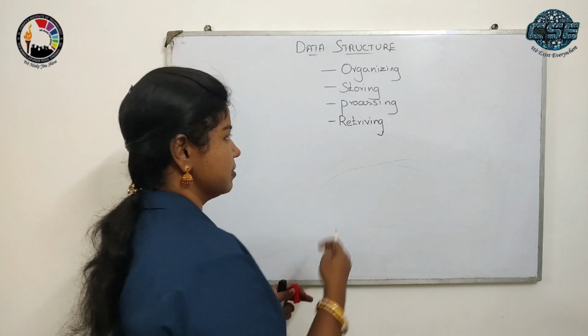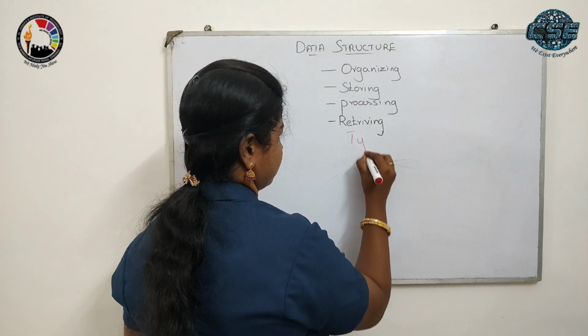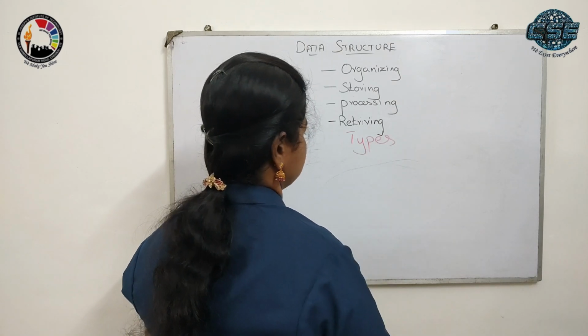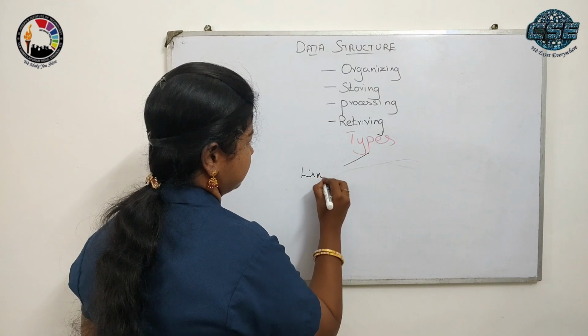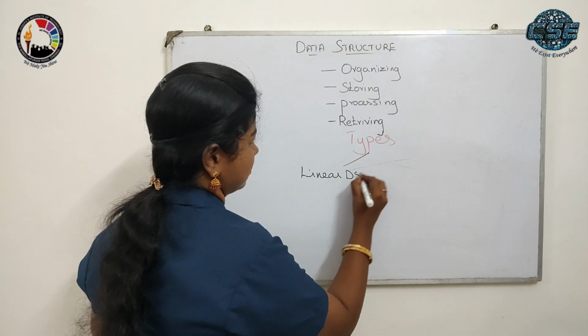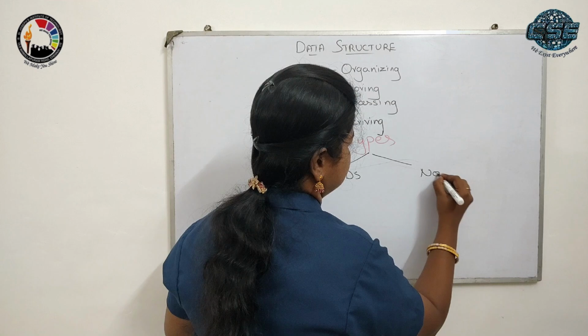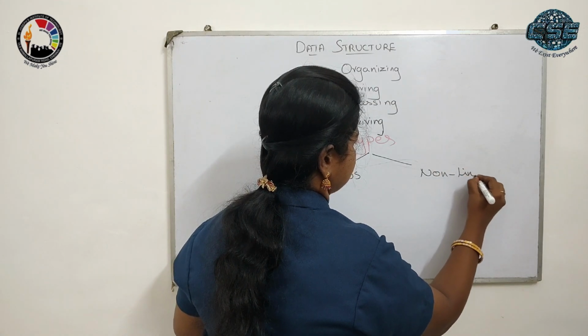There are two types. One is linear data structure and the other one is non-linear data structure.